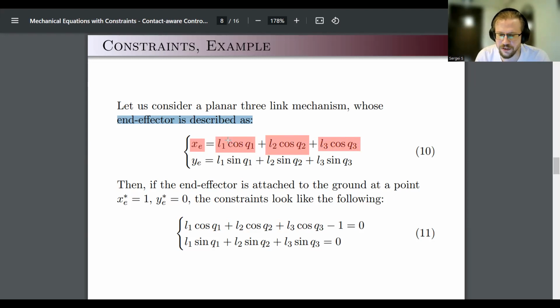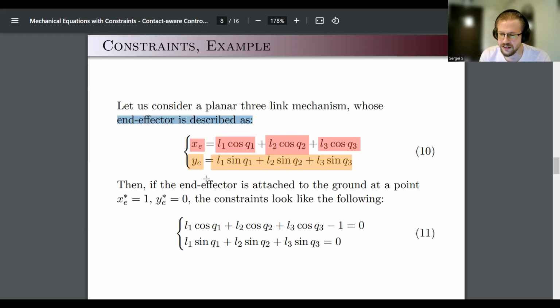That is the length of the first link times the orientation of the first link, plus the length of the second link times its orientation, and so on. In the exact same way, the vertical position of the end effector is the sum of those 3 things: L1 sine Q1 plus L2 sine Q2 and so on.